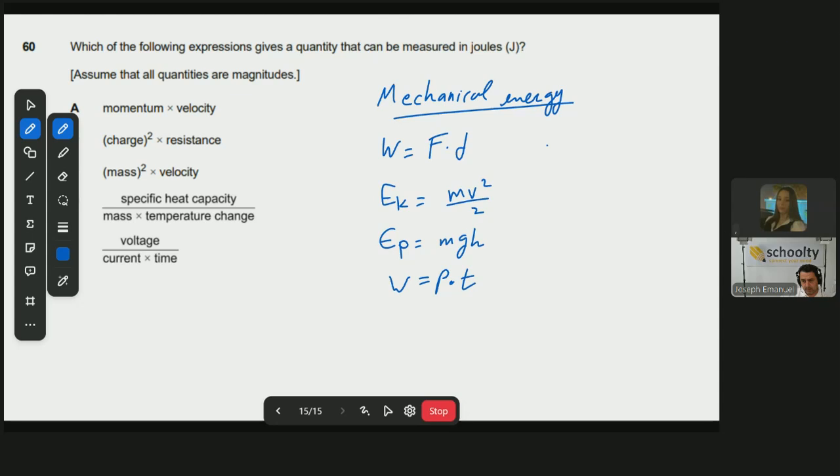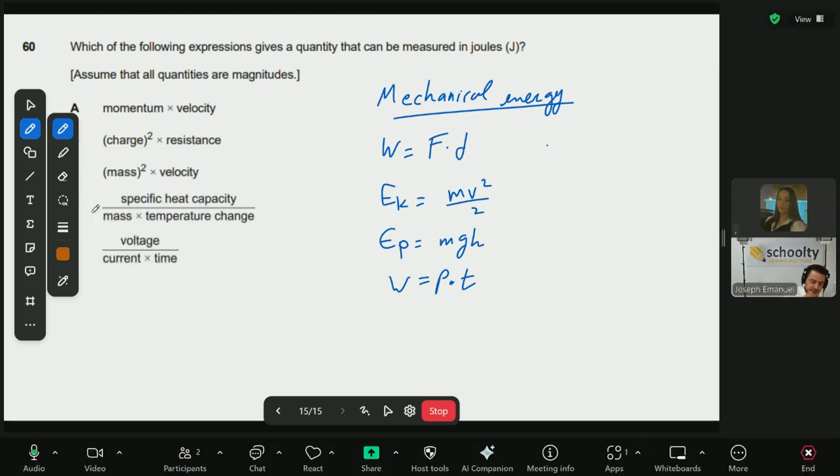We have also electric energy and thermal energy and others. So let's take a look at the units. Here you have newton multiplied by meter. Newton is kilogram meter per second squared, since F equals ma, multiplied by meter, so it will be kilogram meter squared per second squared.